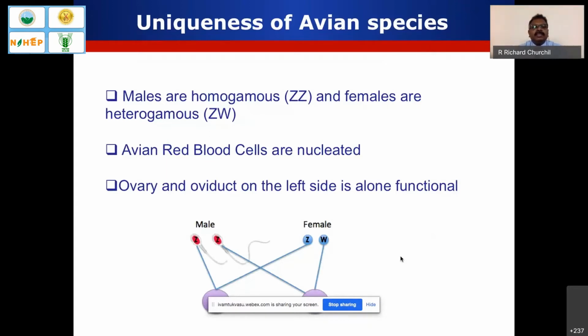So here the sex is determined by the female bird. Also, the red blood cells of avian species are nucleated, so for molecular biologists it is very easy to collect and isolate DNA. All the cells in the blood are nucleated. And in birds, only the left ovary and oviduct are functional. So these are some peculiarities we have to keep in mind.